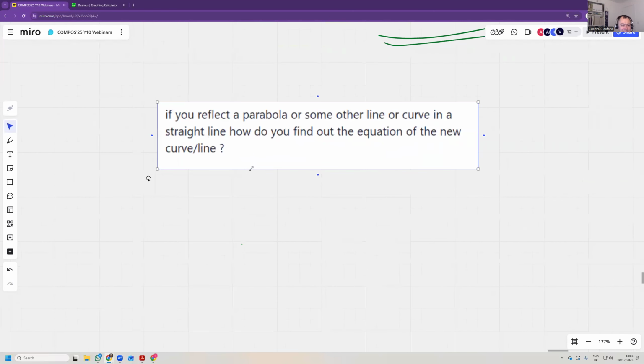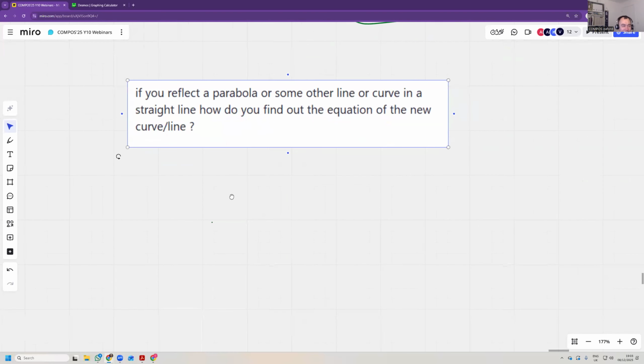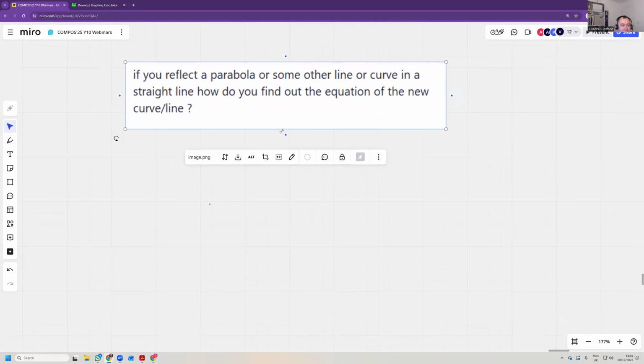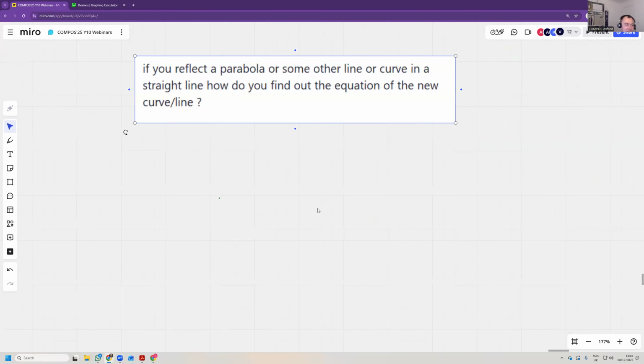If you reflect a parabola on some other line or curve in a straight line, how do you find out the equation of the new curved line? So let's see. Reflect the parabola.